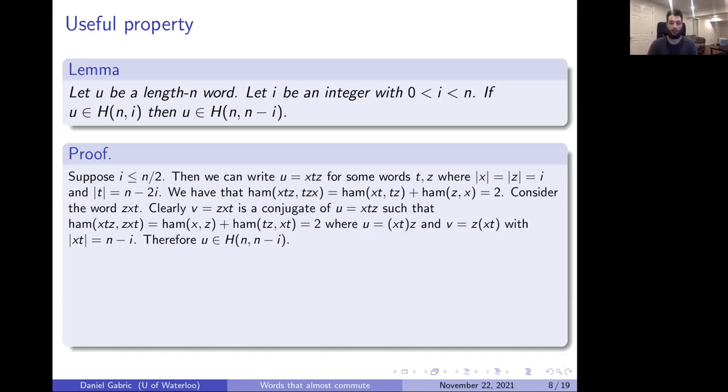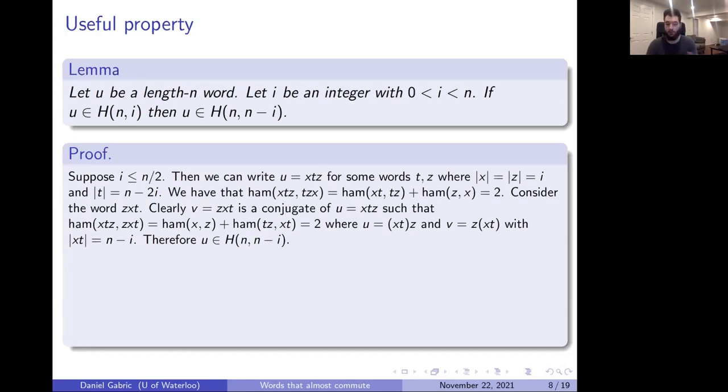So first suppose that i is less than or equal to n over 2, less than or equal to half the length of the string. Well, then we can write u as xtz, where x and z are of length i. And we also know that since u is in H n i, when we take the Hamming distance between xtz and tzx, we have to get 2.